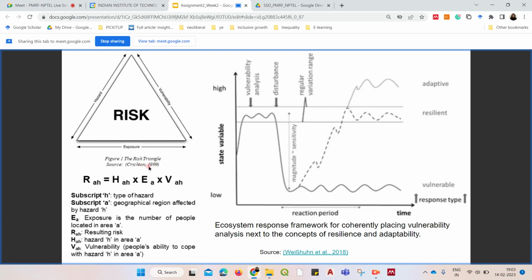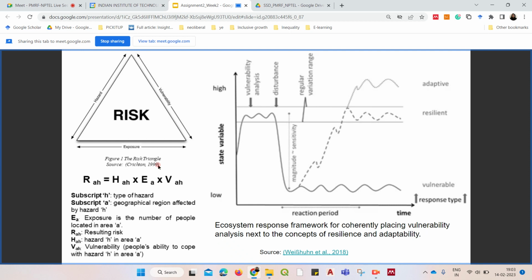So this is called the risk triangle or Crichton's triangle, in which risk is considered as the area of this triangle, and which is a function of hazard, vulnerability, and exposure. So each side of the triangle is one of the things. One side is hazard, one is vulnerability, and one is exposure.